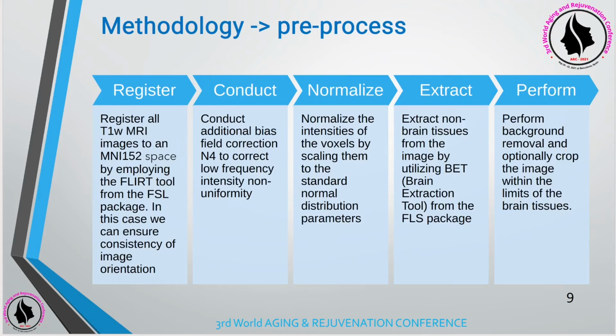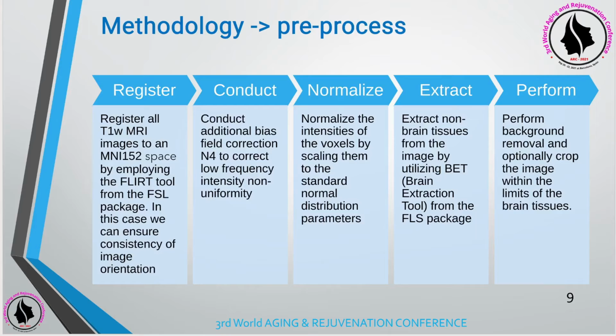The acquired structural T1-weighted images were processed using a few steps. We started by registering all the T1-weighted images to MNI 152 space. Then we conducted additional bias field correction. Then we moved to the normalization and normalized the intensity of voxels by scaling them to the stored normal distribution parameters.